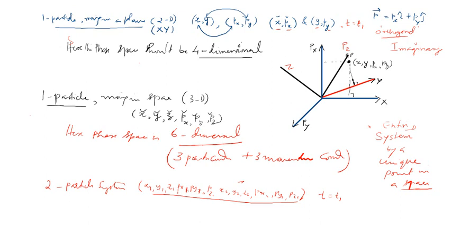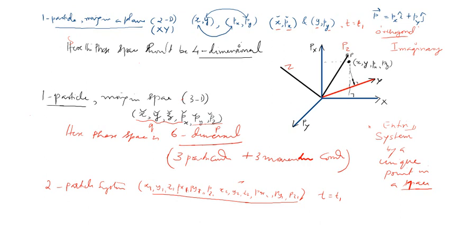Now, the coordinates x, y, z. In statistical mechanics, the coordinate is denoted q, and the momentum by a small p. Phase space is the qp space, where q denotes the coordinate space.